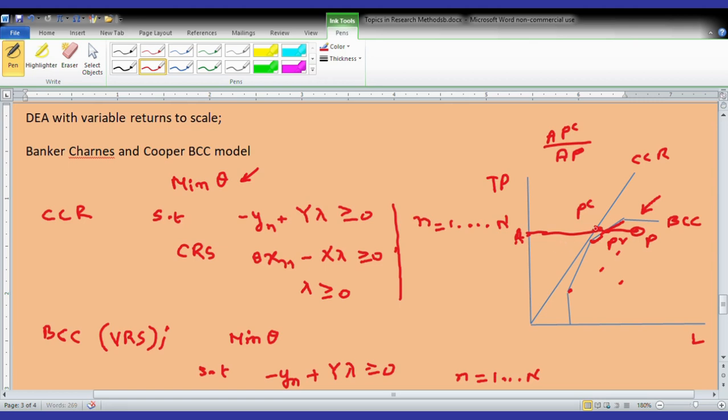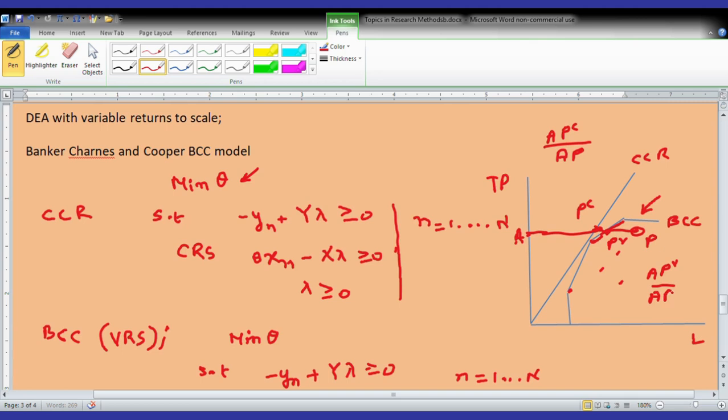But when we are talking about technical efficiency using the BCC total product curve, it will be equal to AP of V divided by AP.